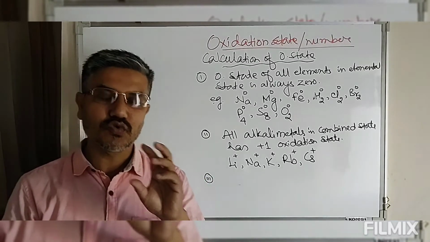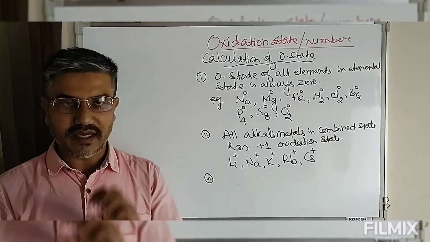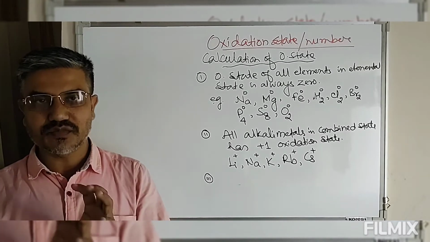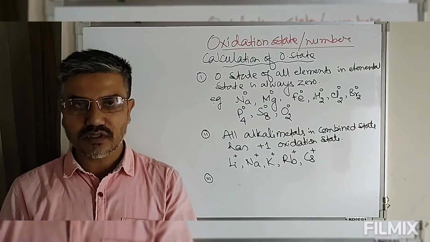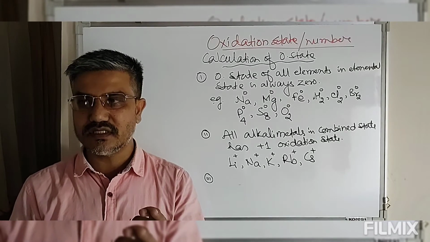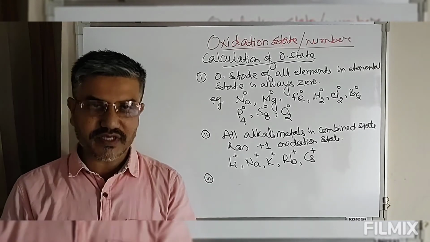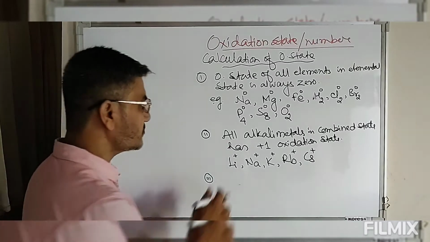By losing these 2 electrons, they get converted into a cation having 2 positive charge, and that cation again has a noble gas configuration. Because of this, all alkaline earth metals will show +2 oxidation state in their combined state. This is the fixed oxidation state for all alkaline earth metals.